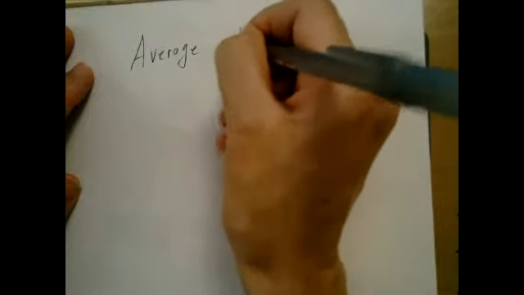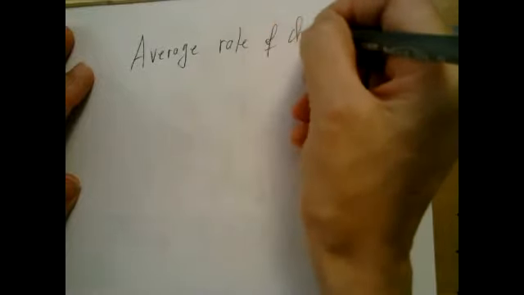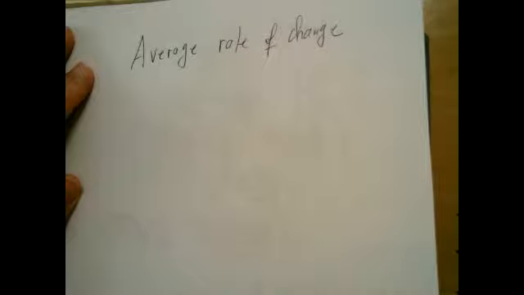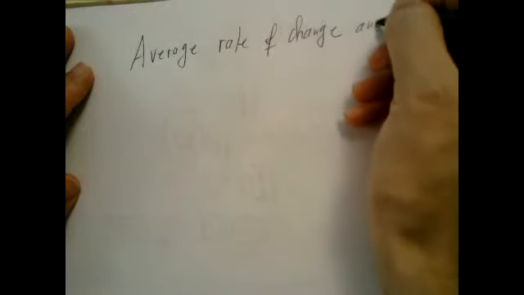All right. We finished section 1.1 by talking about, again, the notion, or I think I will remind you of the idea of the average rate of change. Average rate of change and secant line.